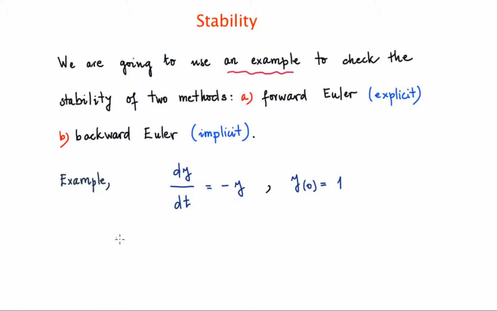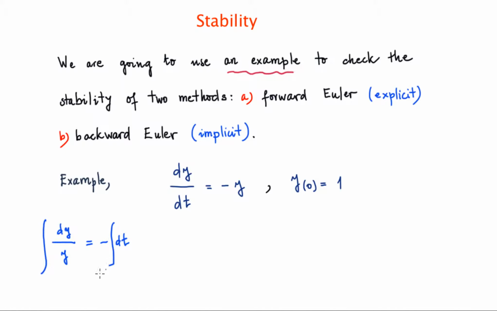So we bring to one side everything which depends on y, and everything which depends on t, in this case differential t, goes to the other side, so we have minus differential t.